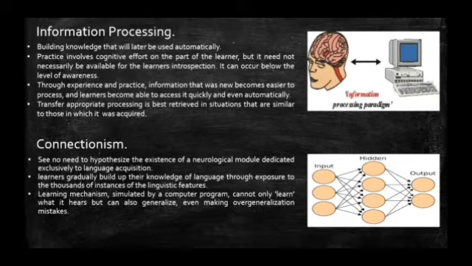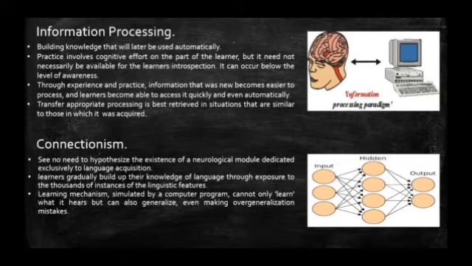It's an approach to the goal of understanding human thinking in relation to how they process the same kind of information as a computer, building knowledge that will later be used automatically, and in the practice involves cognitive effort on the part of the learner, but it need not necessarily be available for the learner's introspection. It can occur below the level of awareness.